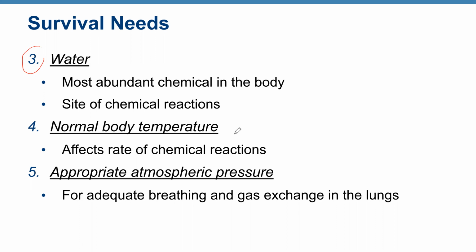Reactions within your cells, if reaction shuts down, then your cells start dying. That's why normal body temperature is essential. And appropriate atmospheric pressure, you need it for adequate breathing and gas exchange in the lungs.